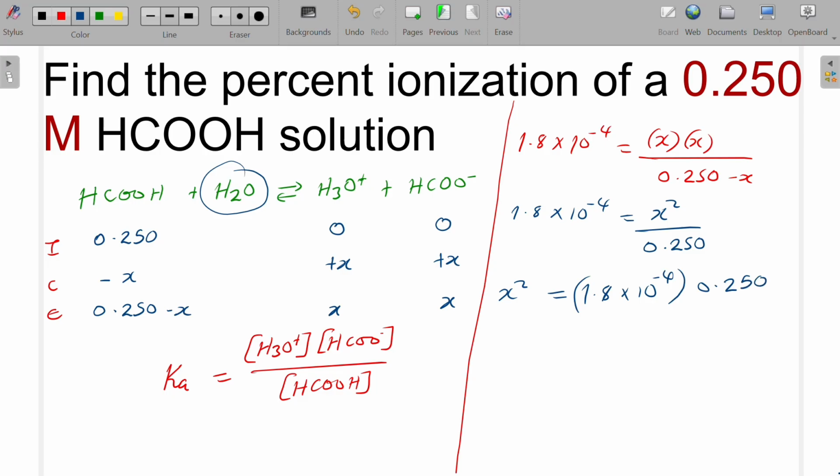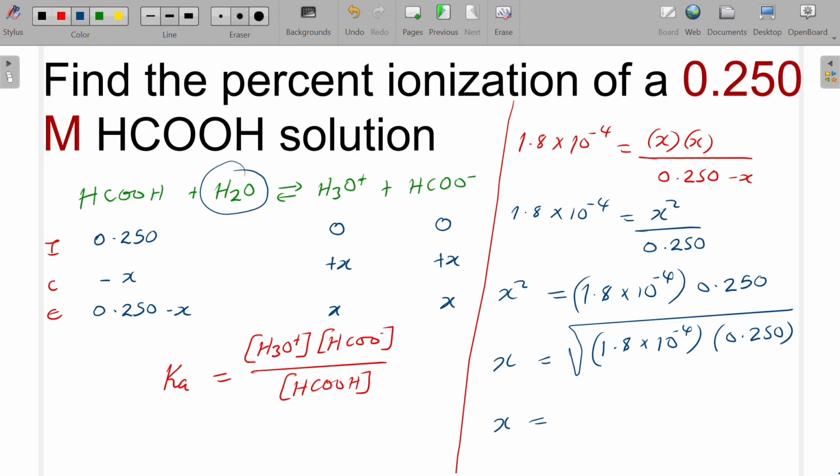So our x will be equal to the square root of 1.8 times 10 to minus 4 multiplied by 0.250.